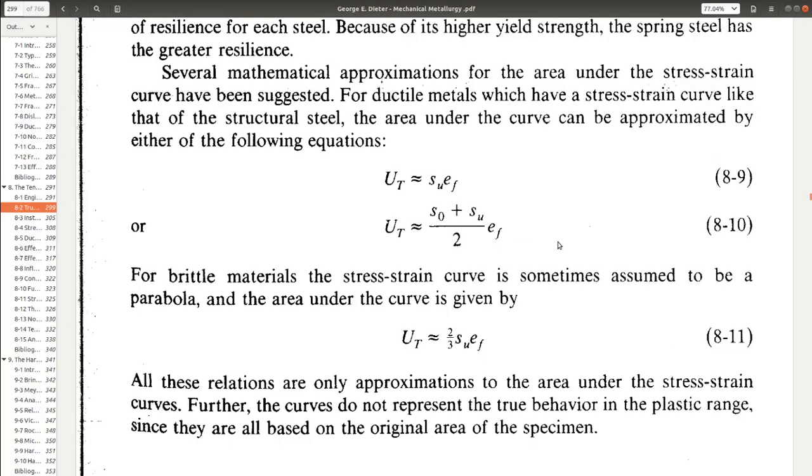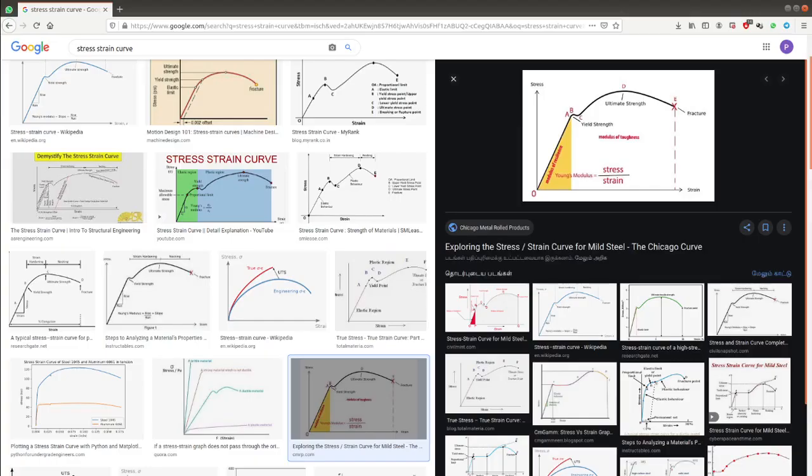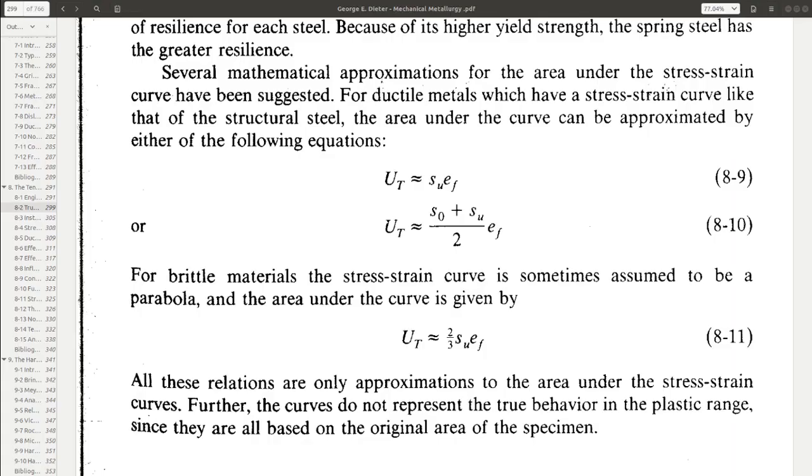And some other times people assume that this curve looks more like a parabola, and assuming it is a parabola, what is the area under the curve? For that assumption we could have an approximation like 2 by 3 SU into EF.